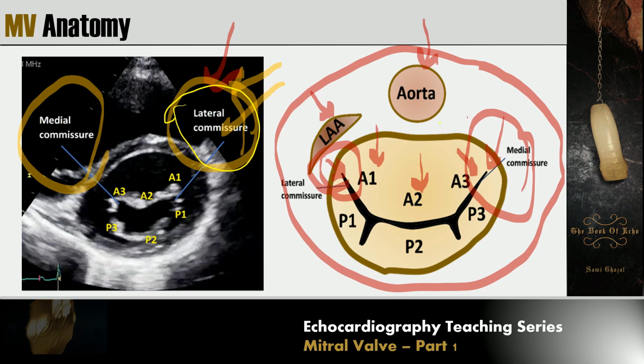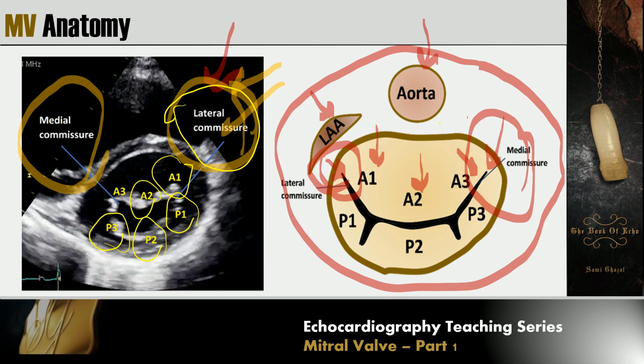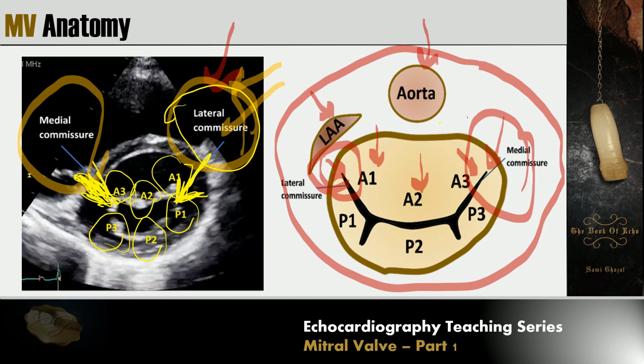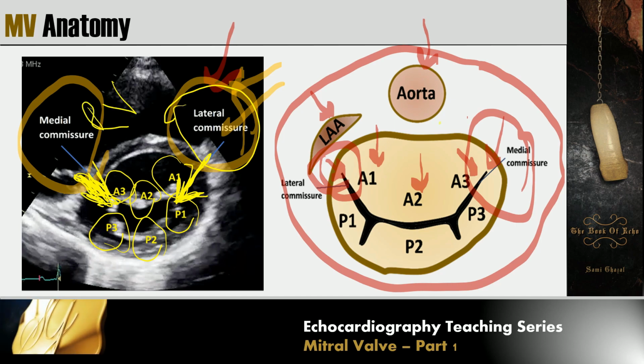This is the lateral side, so we start counting from here, like P1, P2, and P3. And we have also the A1, A2 and A3, and this is the medial commissure here, and the lateral commissure is here. So again, in 2D echocardiography, we view the mitral valve from the ventricular aspect, and the RV is here. So again, this is medial.